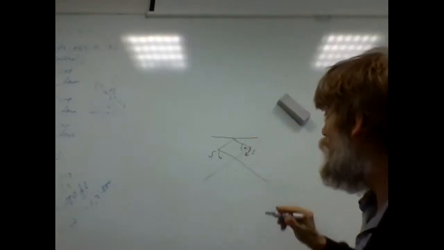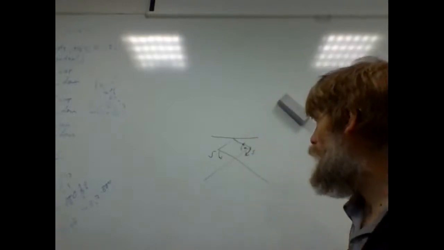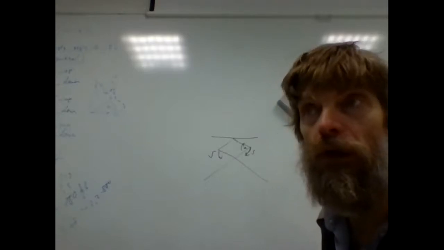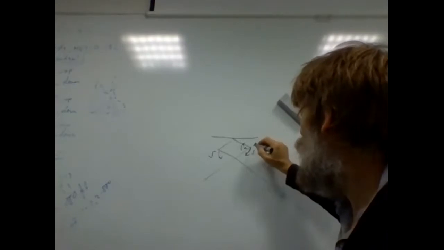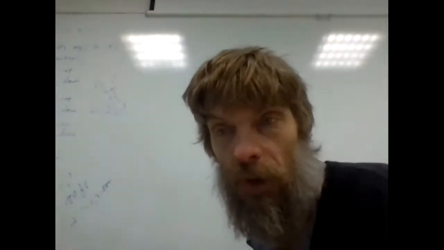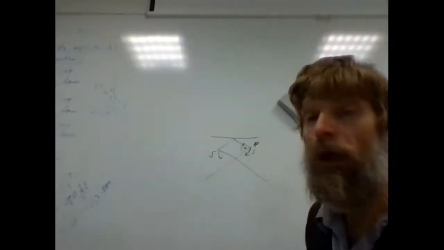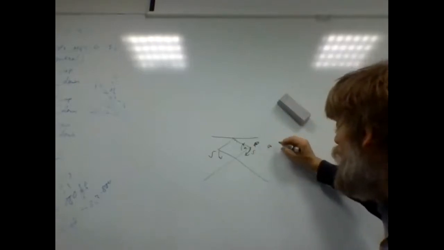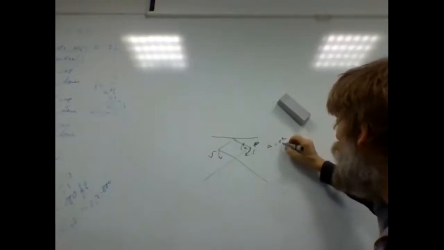And so we have here centripetal acceleration, because the speed is constant, so there is no tangential acceleration for this point P. For point P, we have only centripetal acceleration and no tangential acceleration. So the acceleration of this point P is v squared divided by L.